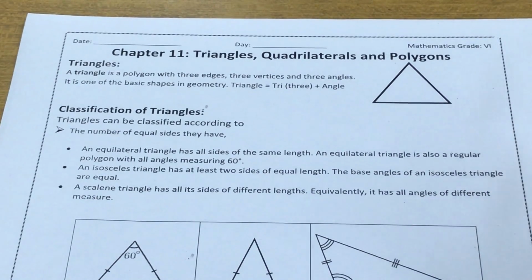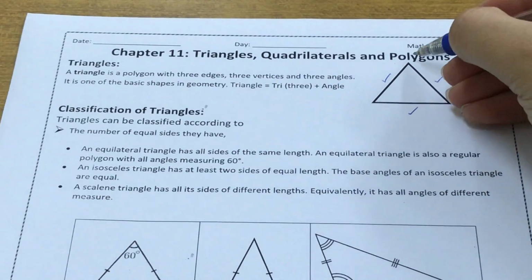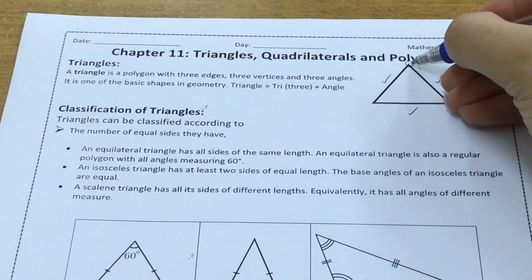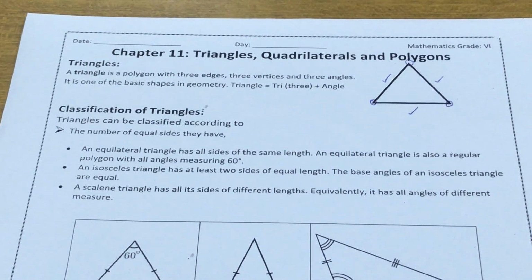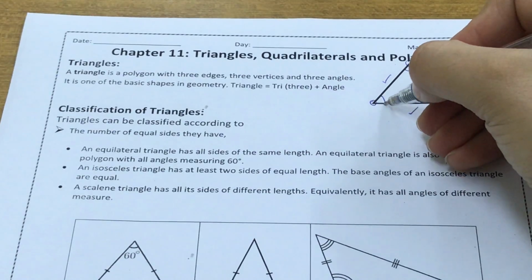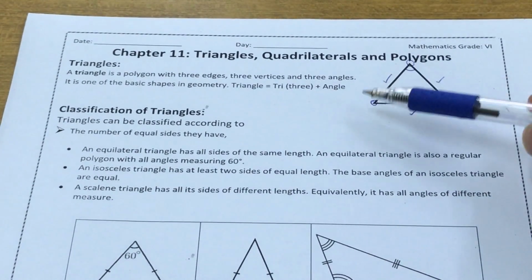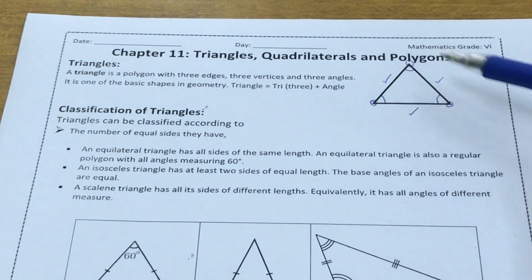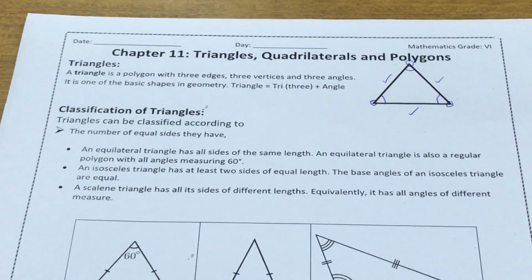It has one, two, three sides, three vertices, and three angles, right? A triangle is a three-sided figure with three vertices and three angles and three sides.